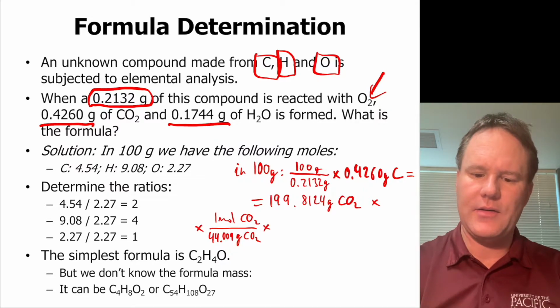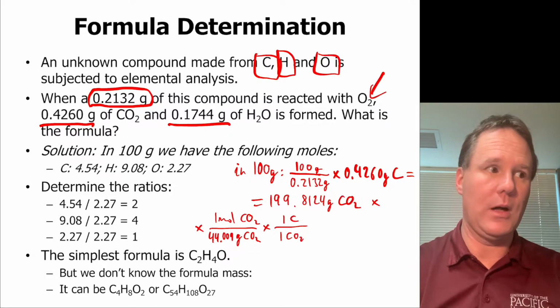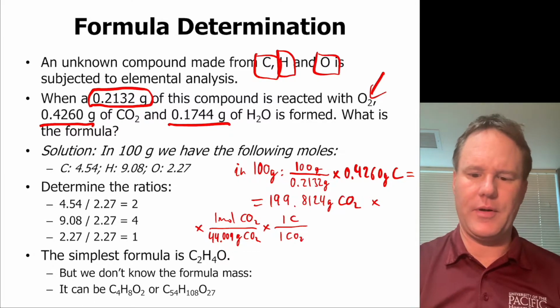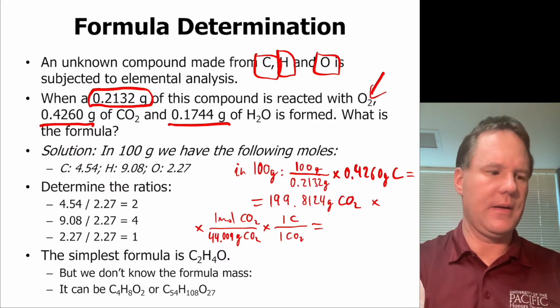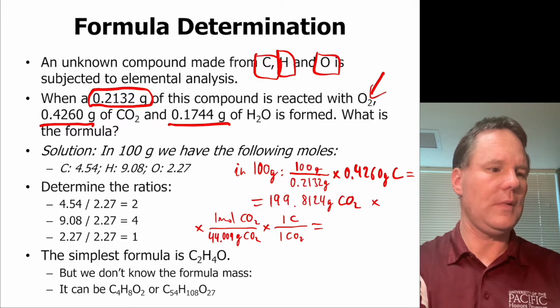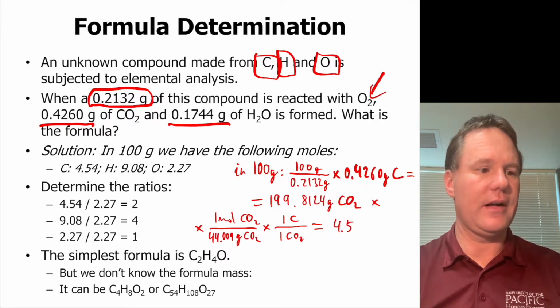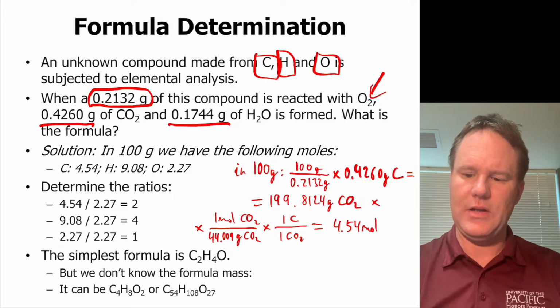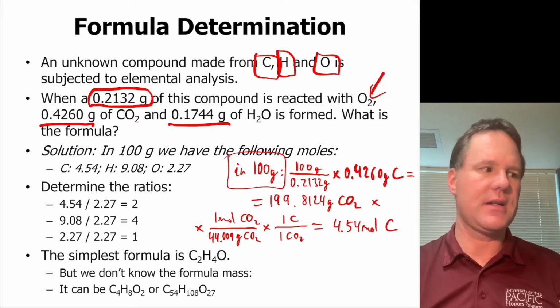And then just to make sure we're all on the same page, we have 1 carbon per mole of CO2. And then if I multiply this together, then I take this divided by that, and that happens to be 4.54 moles of carbon that was in the 100 grams of this compound, right?